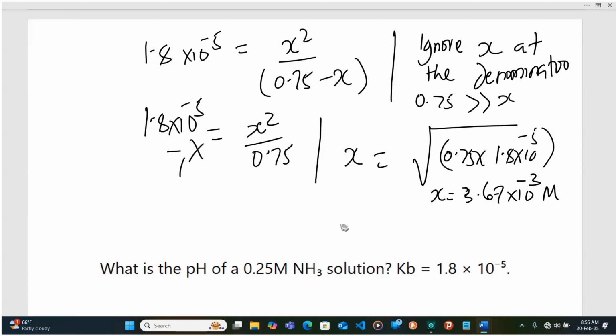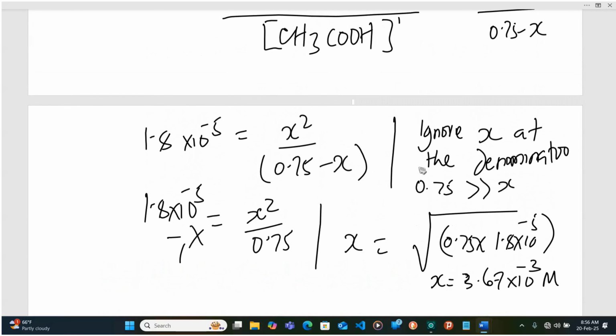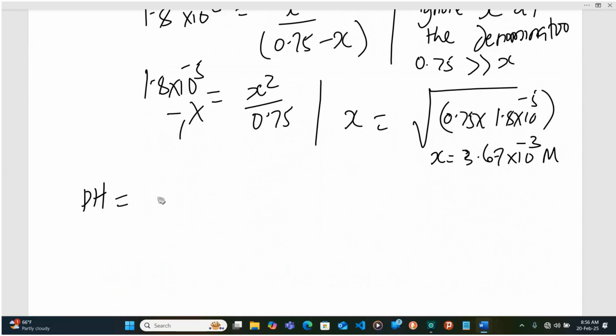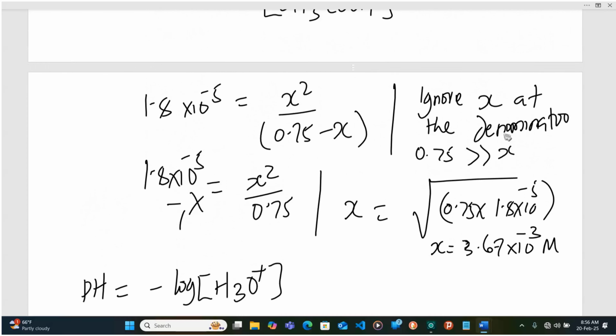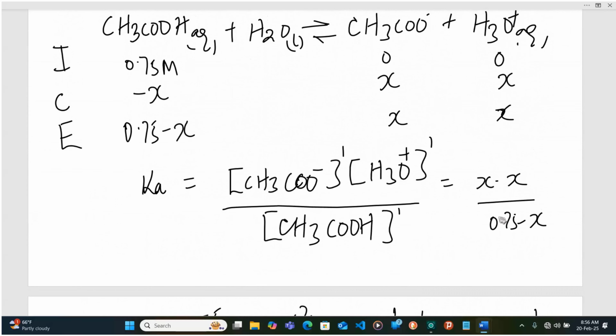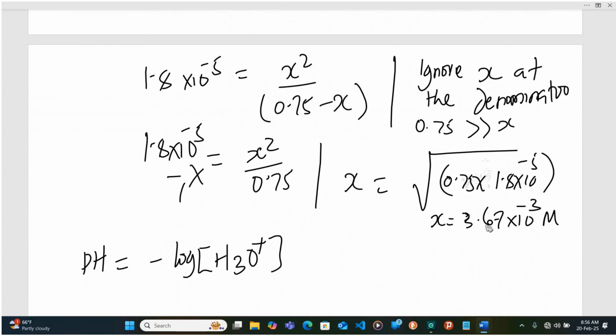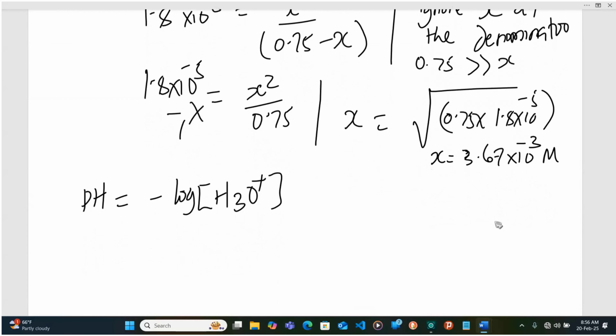So now we are asked to determine the pH of this solution. To get the pH, we know this is the same as negative logarithm of the concentration of hydronium ions. We have the concentration of hydronium ions, which is X, and X is equivalent to 3.67 times 10 to the power negative 3.